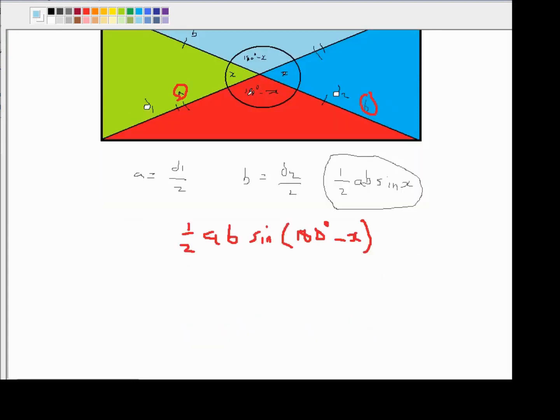So if we say that the area of one of the triangles is a half of A, which is d1 over 2, times B, which is d2 over 2, times sine of x, and if we want the whole of the rectangle, or even the whole of a parallelogram, because this argument applies to a parallelogram as well, then we have to multiply all of this by 4.